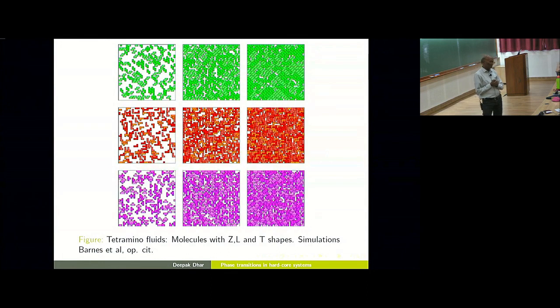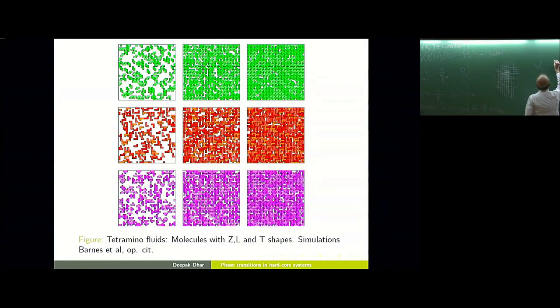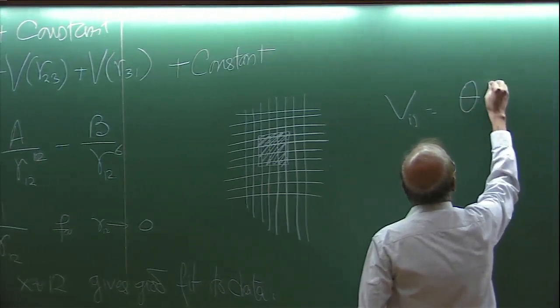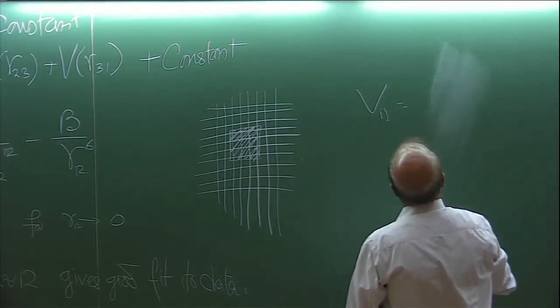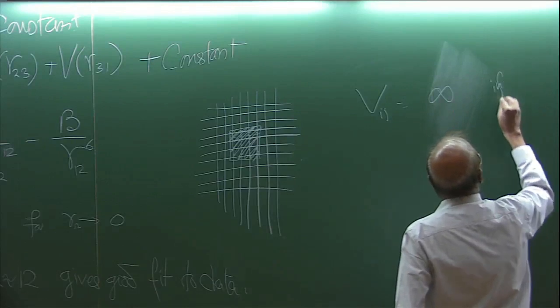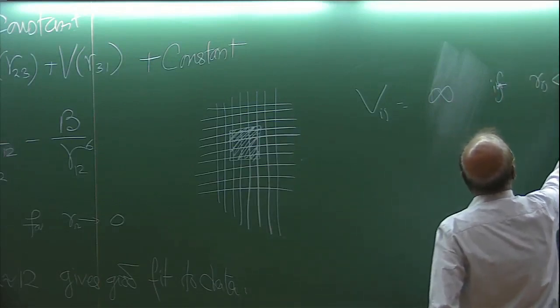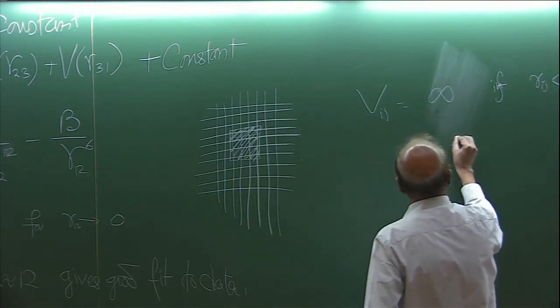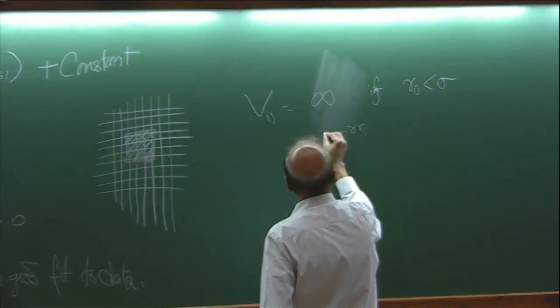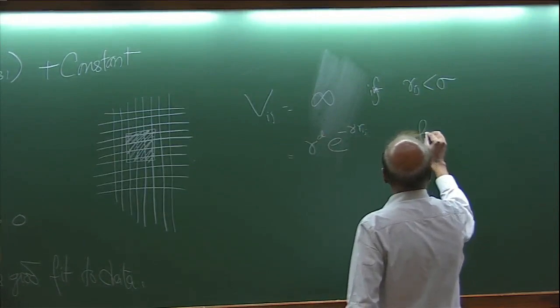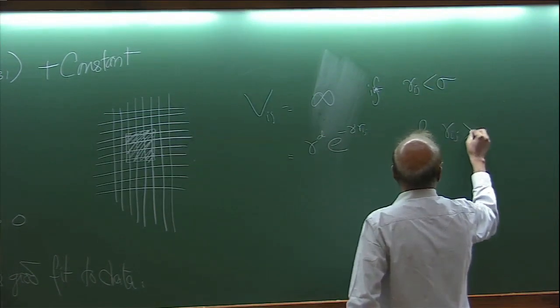Okay, so there is a theory which says that if you take the interaction potential, it is infinite if Rij is less than sigma, this is the hardcore condition, and it's -V0 e to the power minus gamma Rij for Rij bigger than sigma.